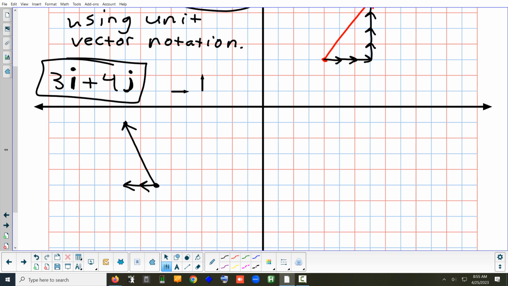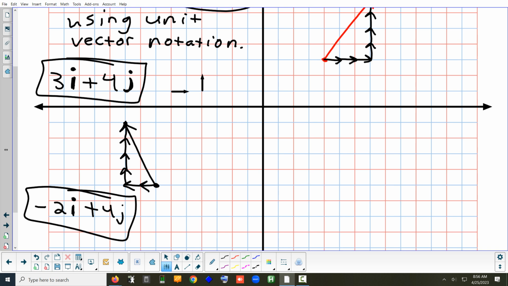How many I's did I just use right there? Yeah, -2. That's -2 I. And then I have 1, 2, 3, 4 of the J's. So there's another example of how you can build this vector out of I's and J's.